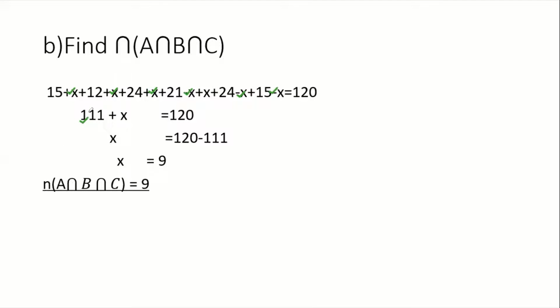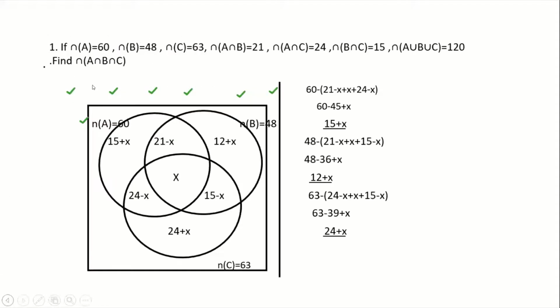You end up with a 111 and plus x, which we did not eliminate, which is giving us 120 as our total. That is x is equals to 120 minus 111. That is x, which is equals to 9. So as we look through our question, in our question, they did not give us an x anywhere, but remember, we let our x be that.